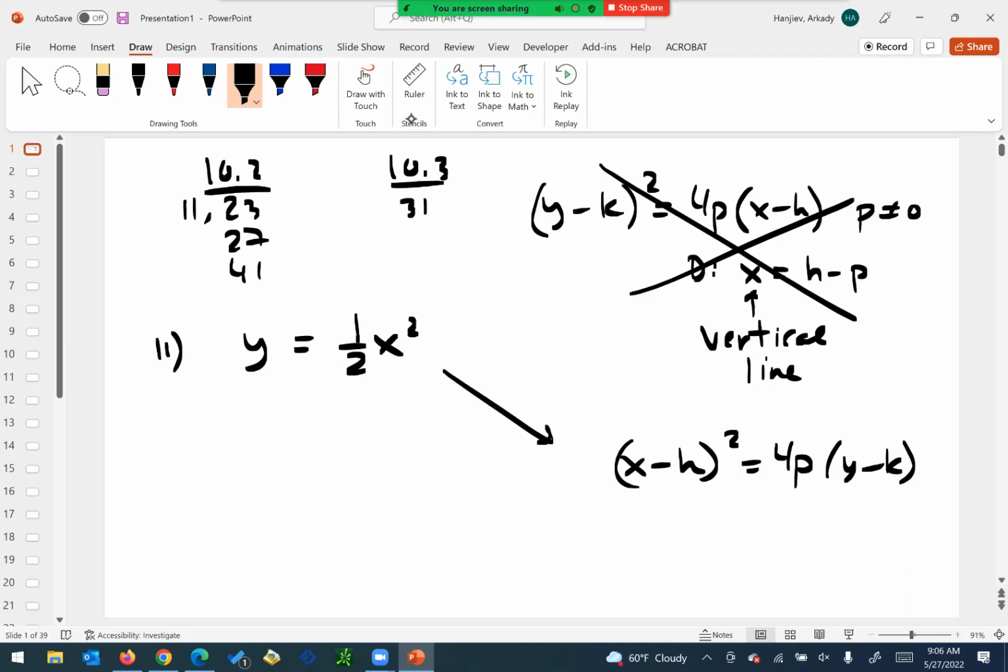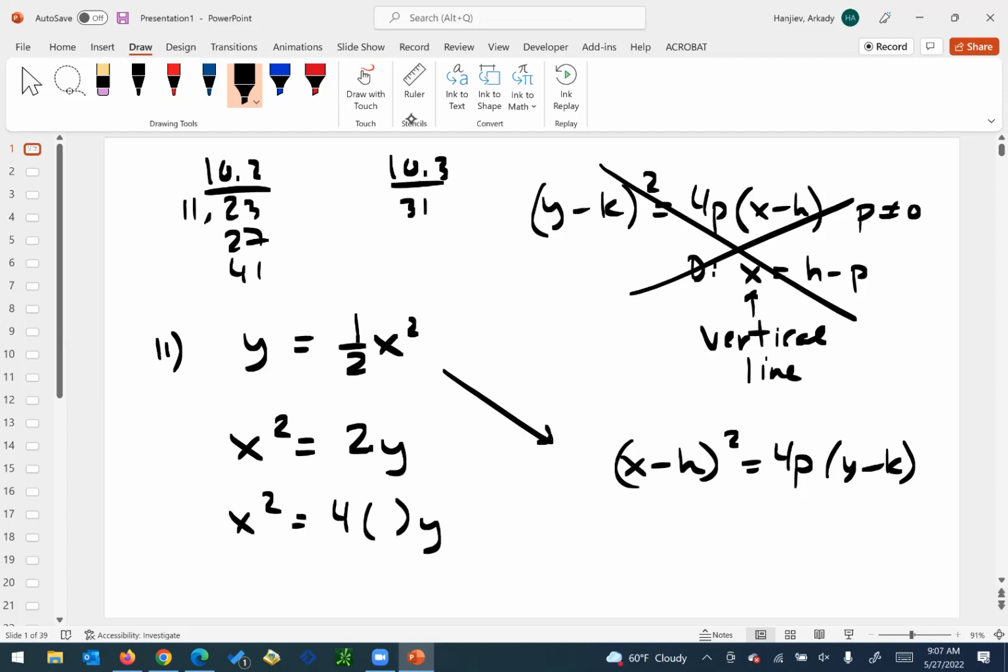So making this guy look like this guy, I'm going to multiply everything by 2. Then I got myself x squared is equal to 2y. Does that make sense? Now it looks just like the formula. Oh, there's a 4 there as well. So let's make it 4 times what gives you a y? 1/2?